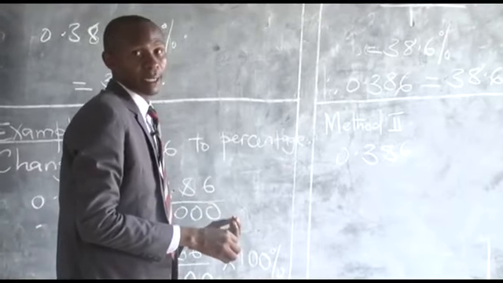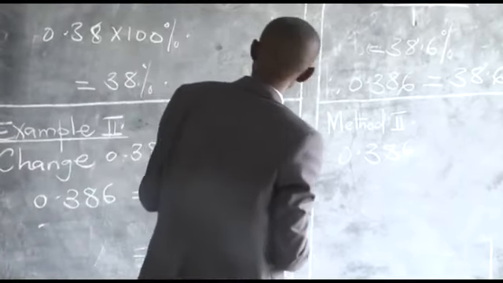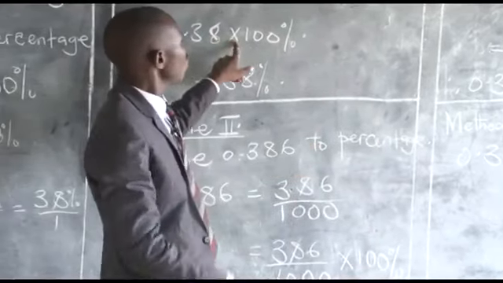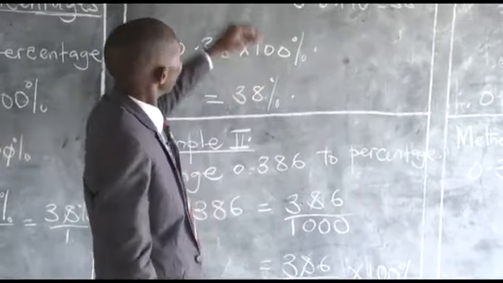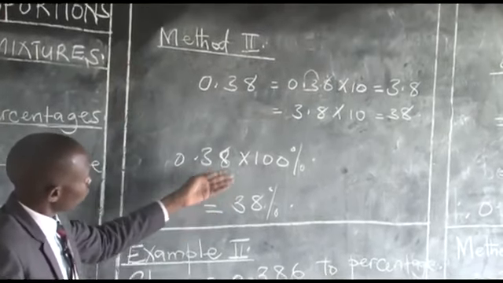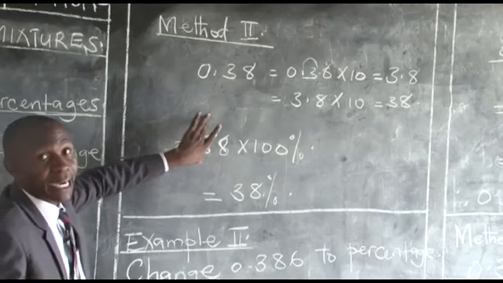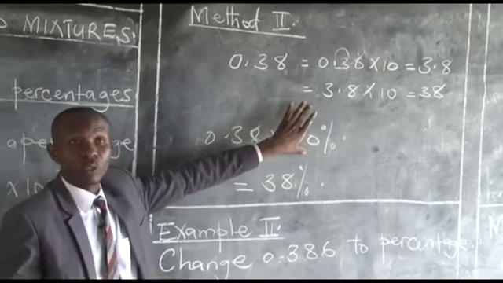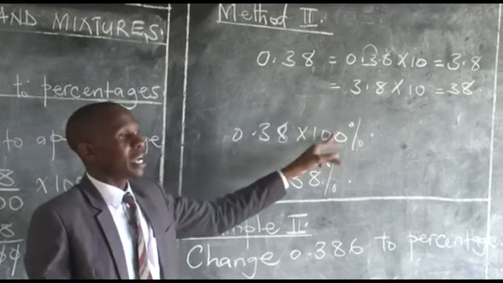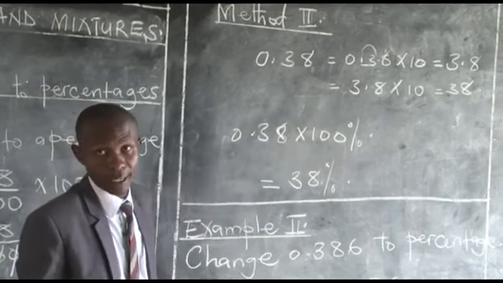That is my decimal number. Then what am I after? I'm after changing this decimal number to percentage. And earlier on, in the second step, I said we are going to get the decimal number times the original percentage, which is 100%. And when you are multiplying, every zero here shifts a decimal point.